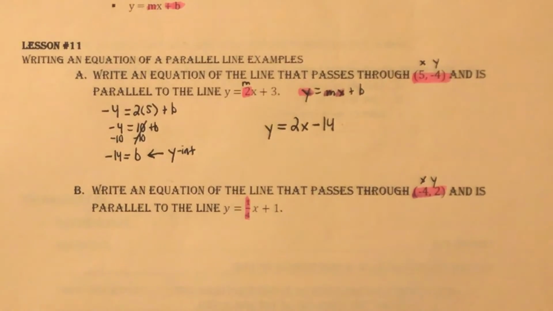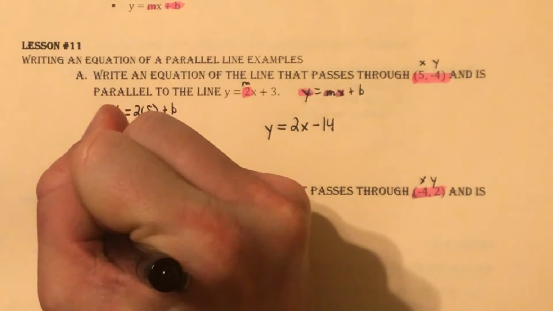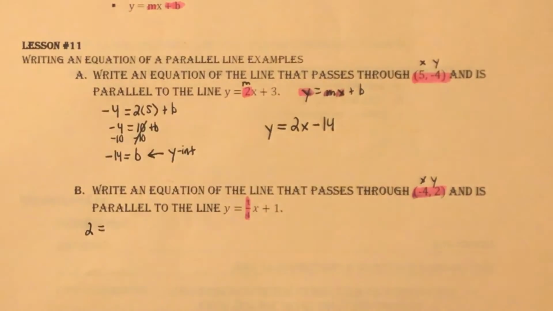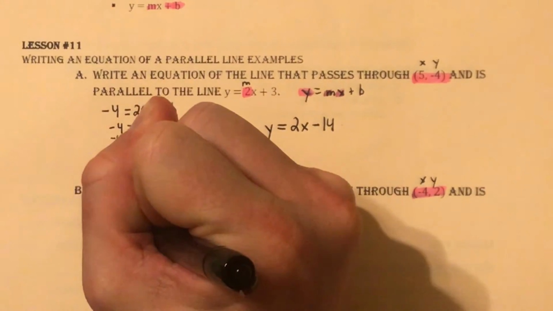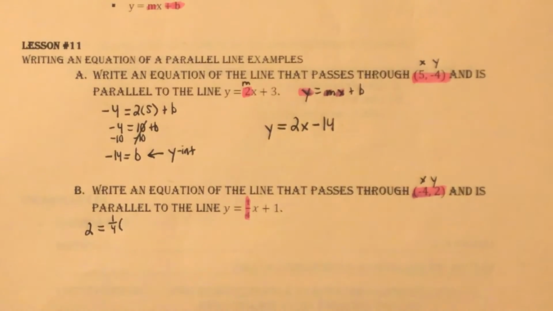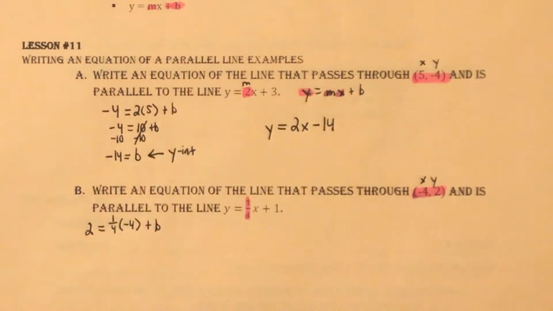In for y goes the coordinate, which is 2, so 2 equals m, which was 1/4, times x, which is negative 4, plus b.